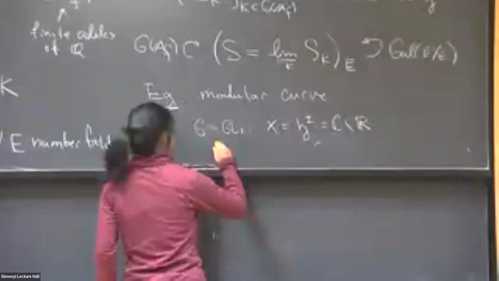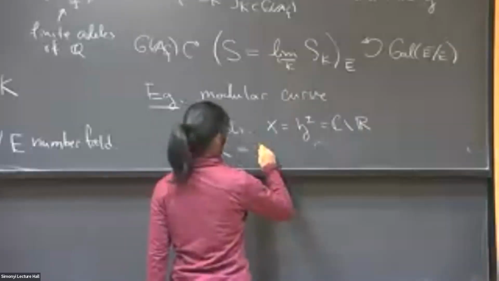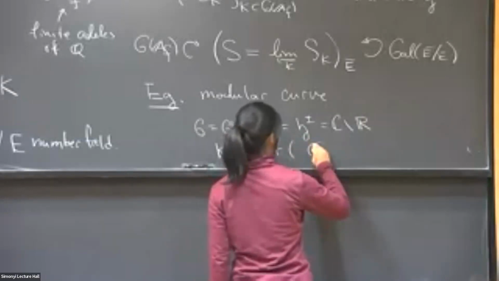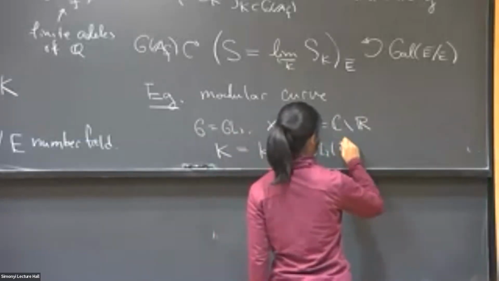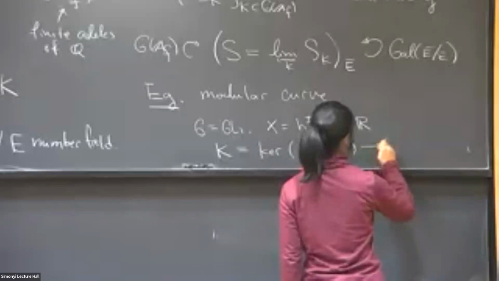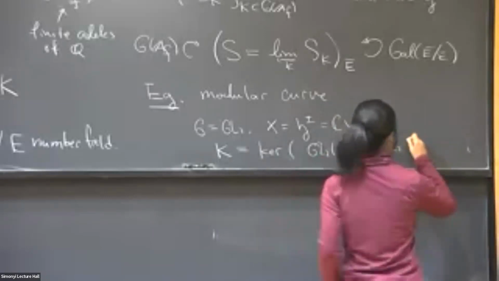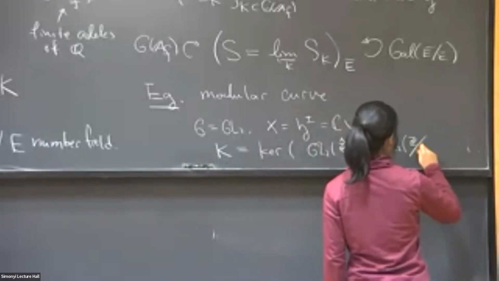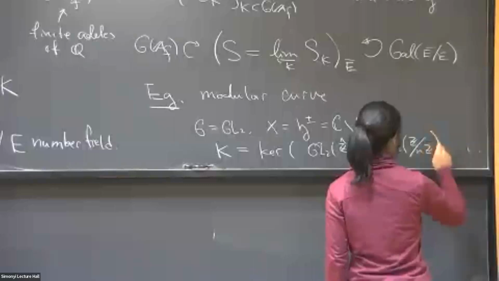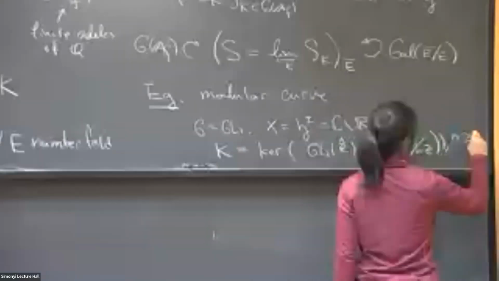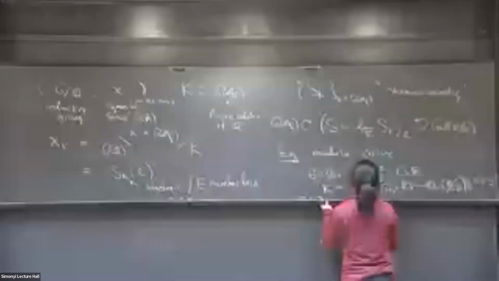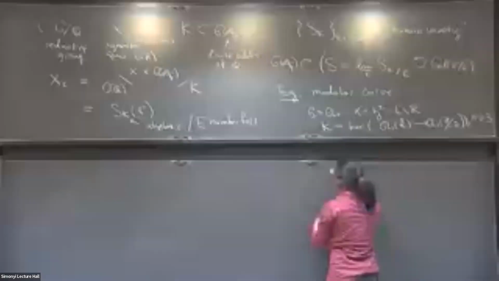And for the group K, we can take the principal level defined by the kernel of the reduction modulo n map on the Z hat points of GL2, where Z hat is the profinite completion of Z, say for an integer n at least 3.